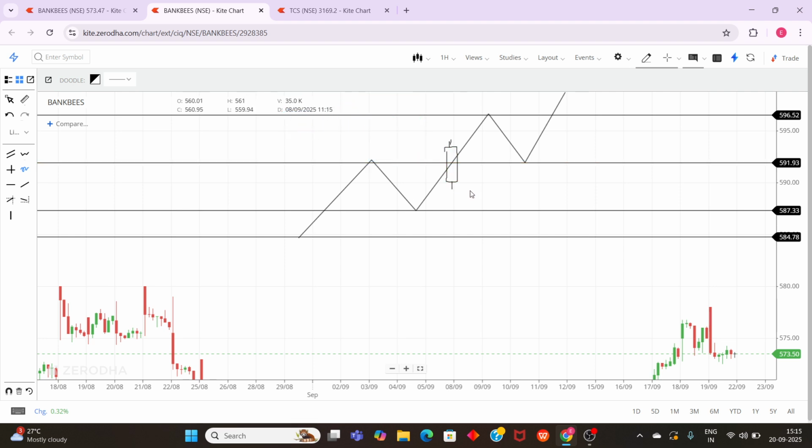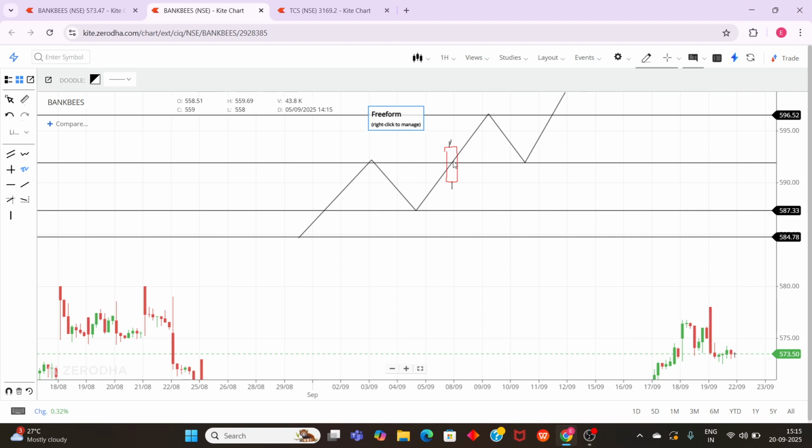If you find any stock forming the higher high, and the 1 hour candle has broken the previous high and closed above it, then one can take the trade.